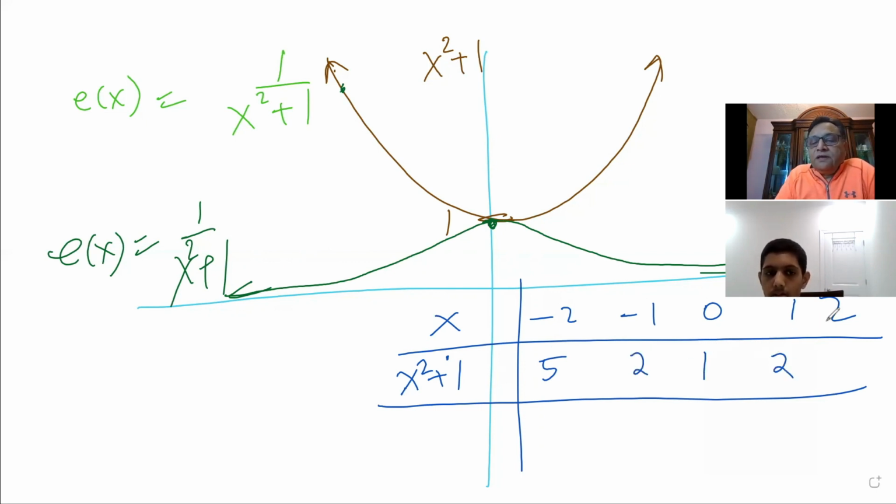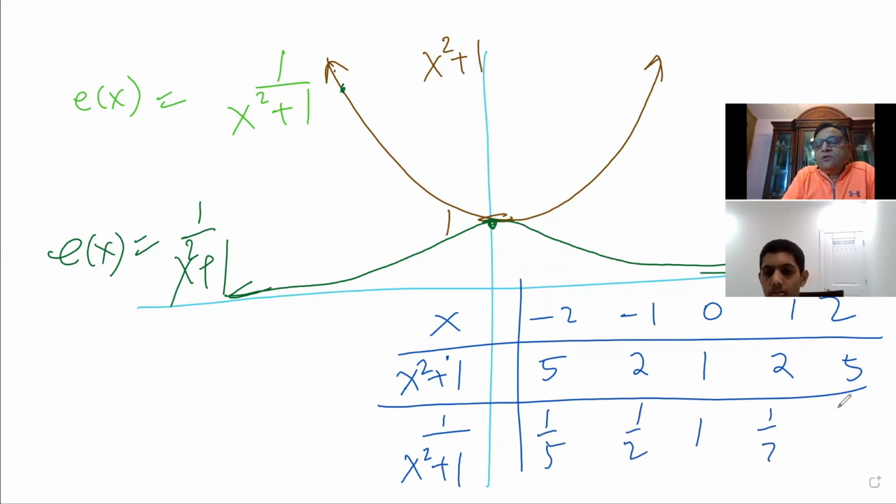They are symmetric, definitely. How about their reciprocals? It'd be 1 over 5, 1 over 2, 1, 1 over 2, and 1 over 5, correct?